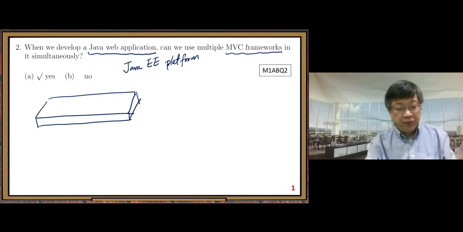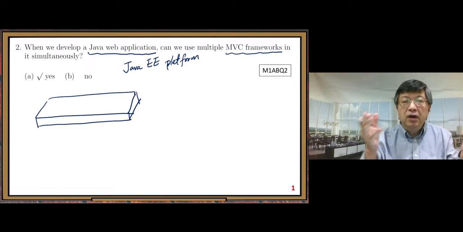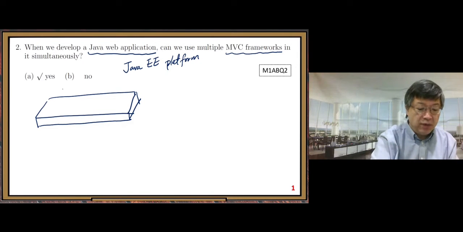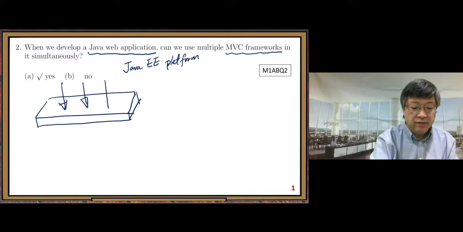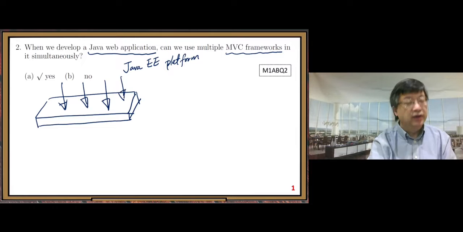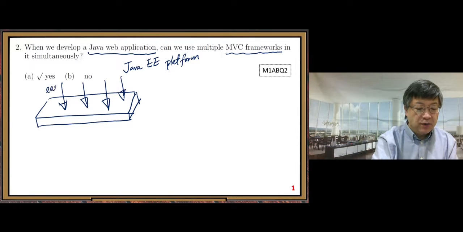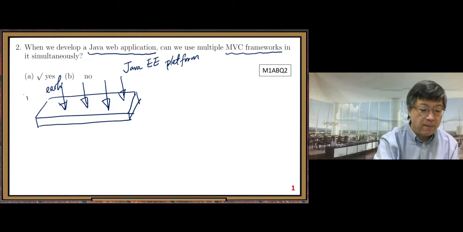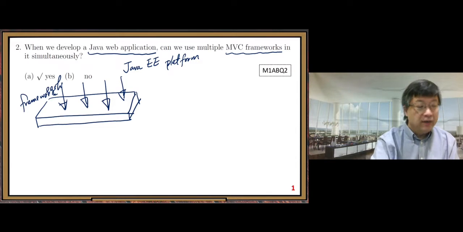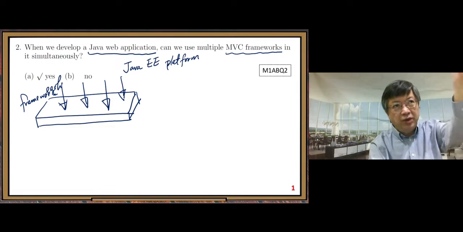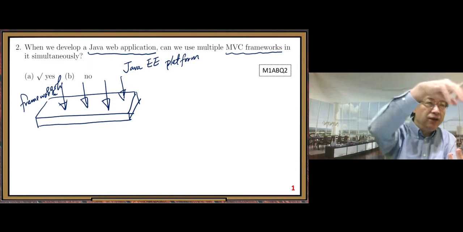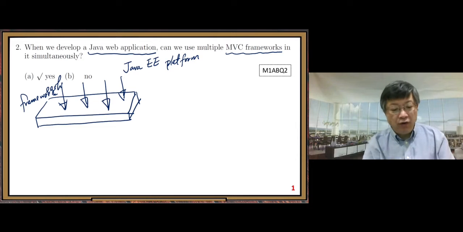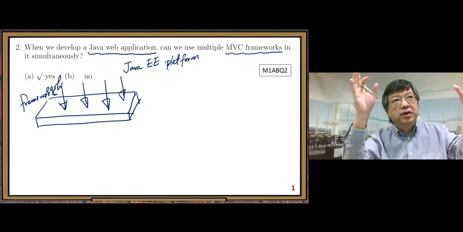Because this platform provides the capability to allow other new technologies to plug into it, each technology, usually referred to as a framework, corresponds to one particular technology and is plugged into the Java EE platform through some special interfaces.